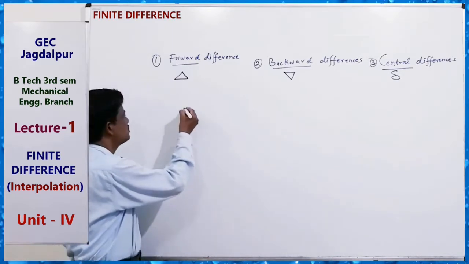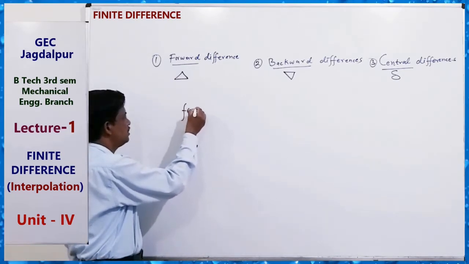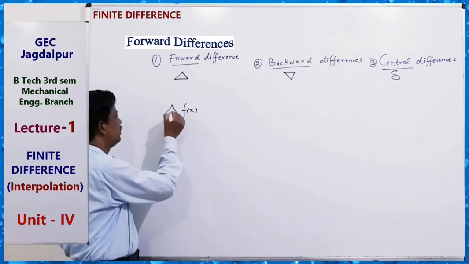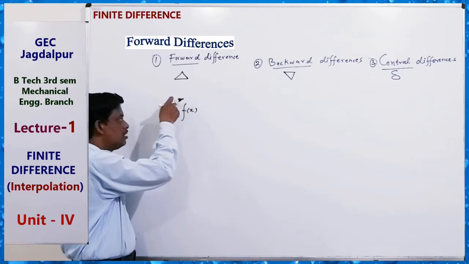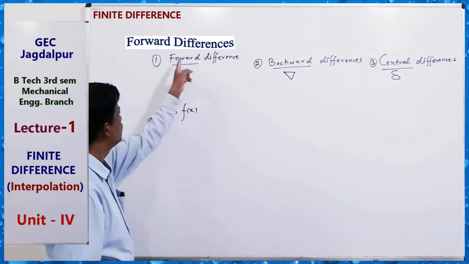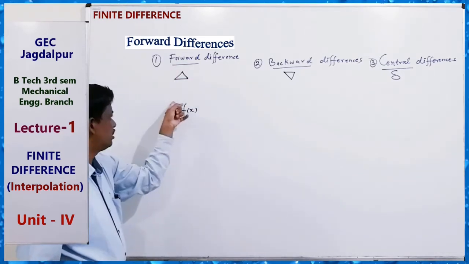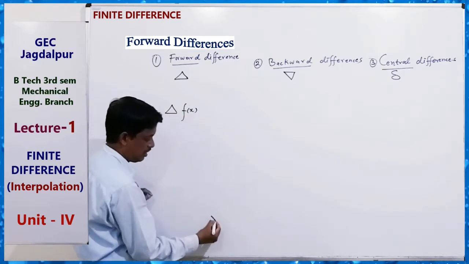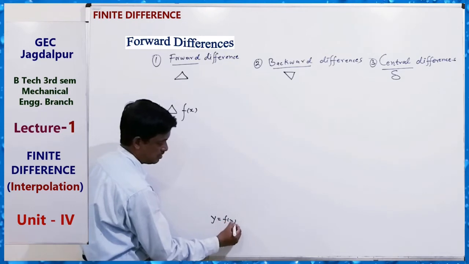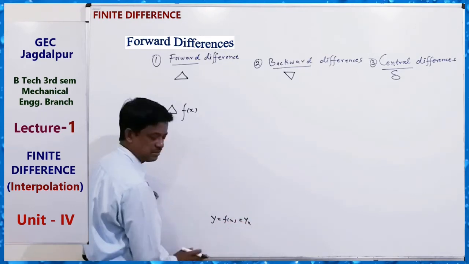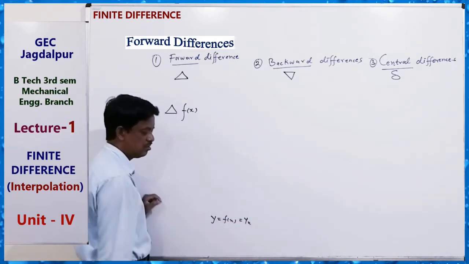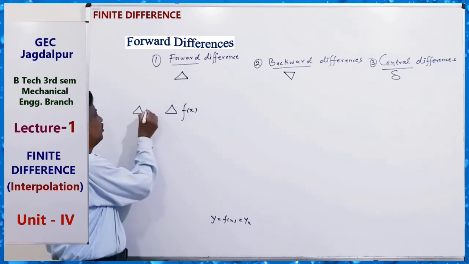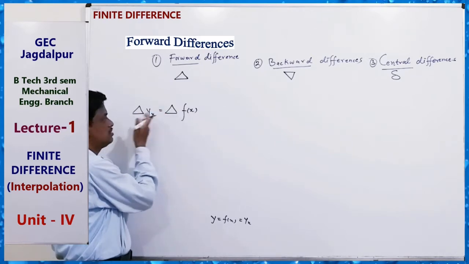So suppose we have the function f(x), and the first order forward difference of this: we can write y equals f(x). You can use either notation. So that is del y(x), you can write like this or this.